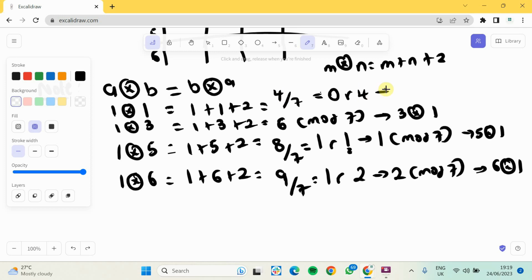And then my answer here will be 4 mod 7. So even though I didn't express it this way, I always just focus on when the value is equal to or greater than 7, but for the sake of clarity, always leave it like this. So I'm going to speed up the value. Next you'll see I'll fill up the tables, so try it out by yourself and fill up the tables.